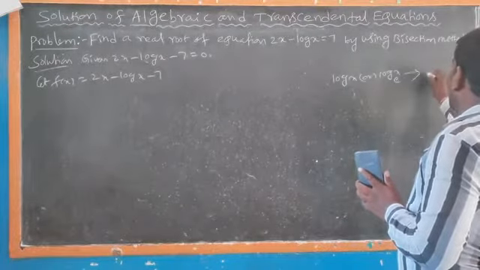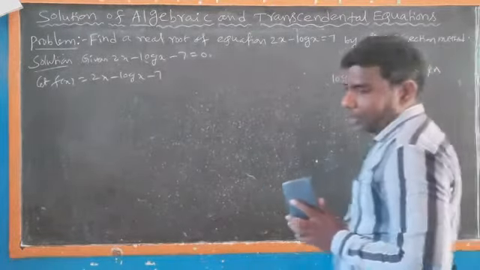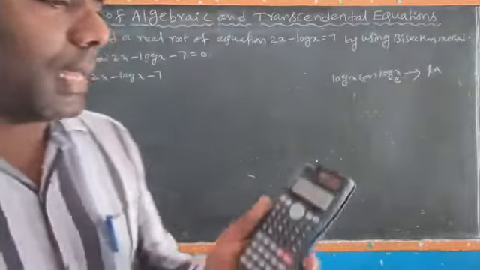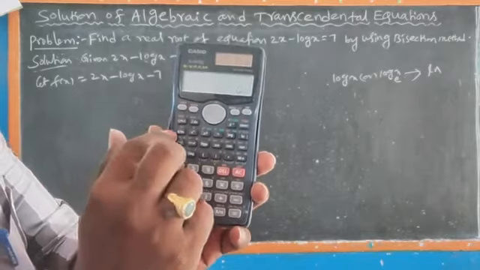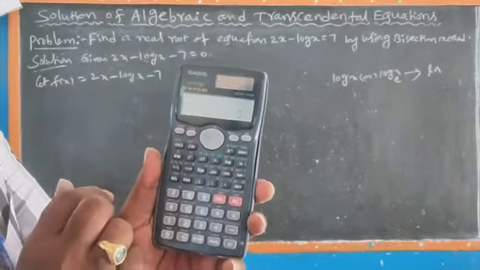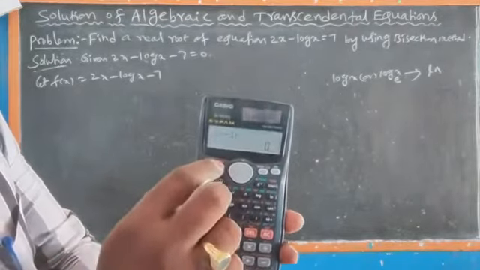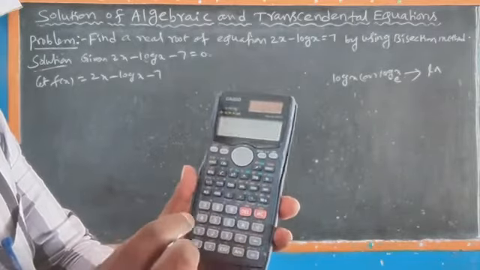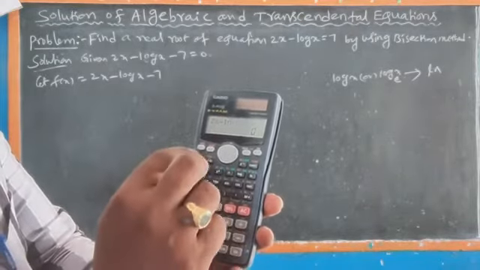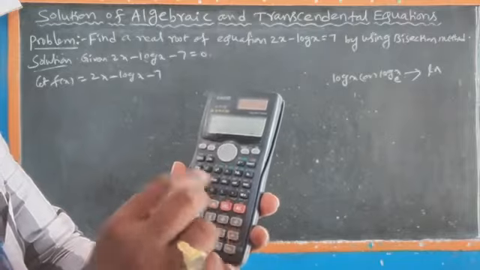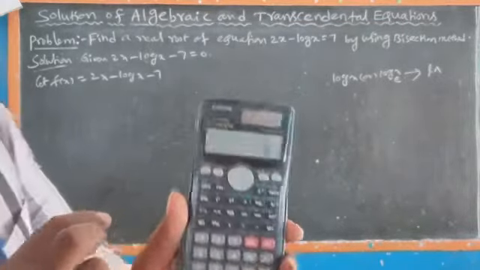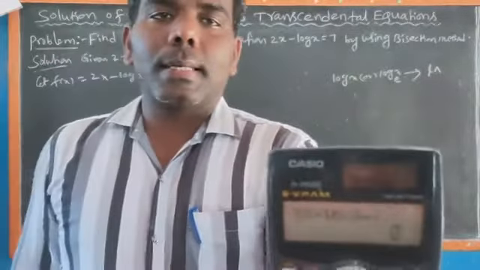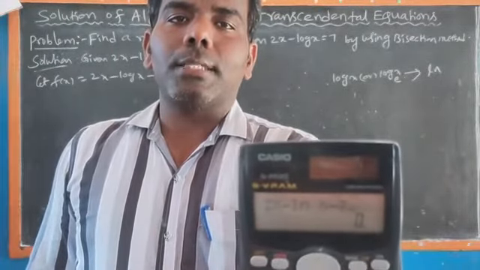In the calculator, directly press ln, third row, last one. Next alpha x, next minus 7. So 2x minus log x minus 7.